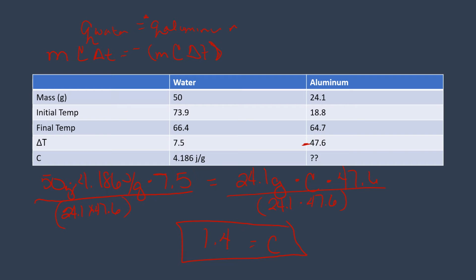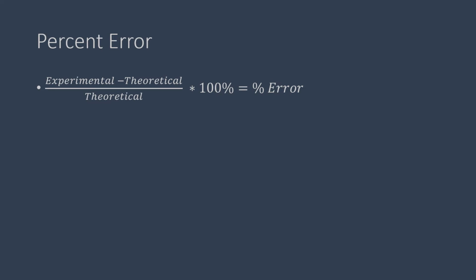And so we're going to do what's called percent error. To calculate our percent error, we have to know our theoretical. So we look that up, and you will do the same thing for the copper. The theoretical is 0.9 for aluminum.